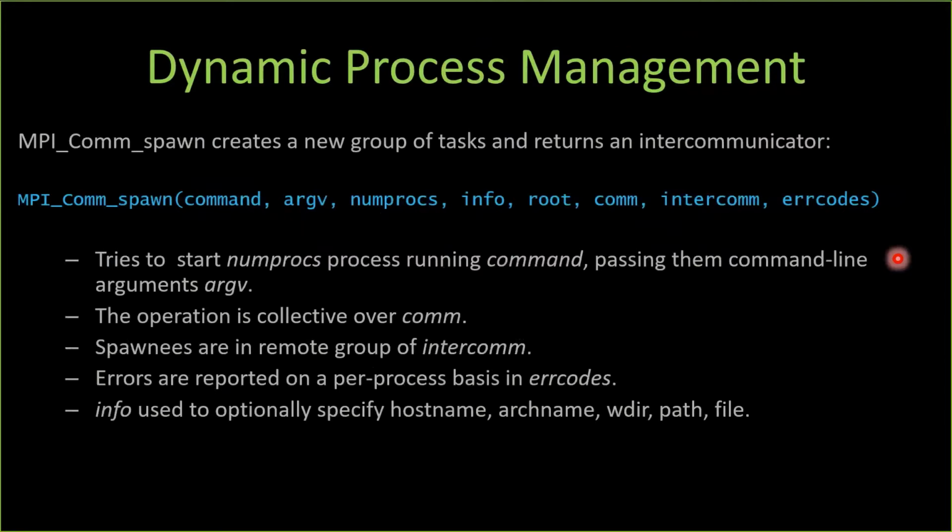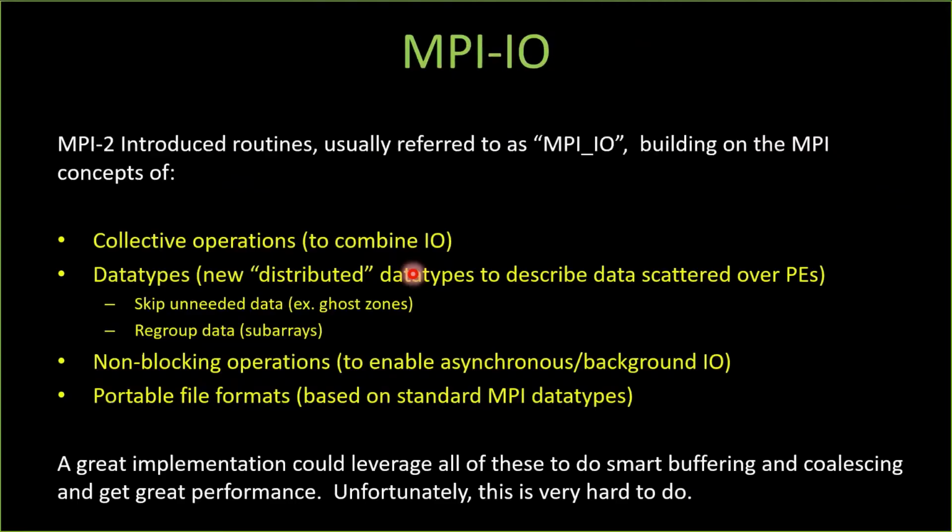It ends up being just something that people don't want to allow. When I say people, I mean everybody from the operating system writers, the schedulers, the system administrators, just aren't happy about your job suddenly deciding to get a lot bigger in the middle of a run. So nobody enables this stuff. It's just not practical. So you won't actually see this in many codes or any codes. But it's technically there. MPI-IO is the other thing that falls in this category of the enthusiasm sometimes getting ahead of the reality.